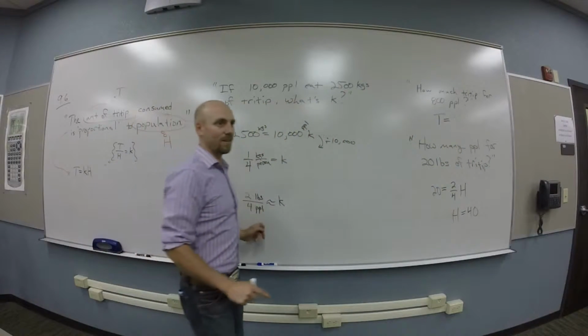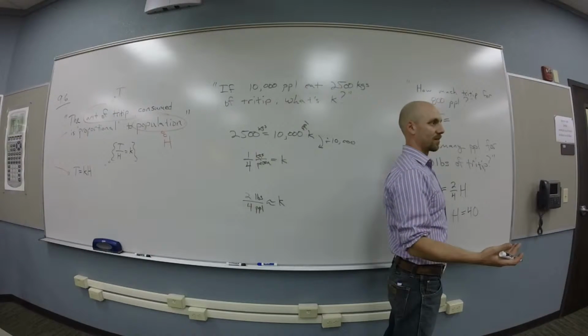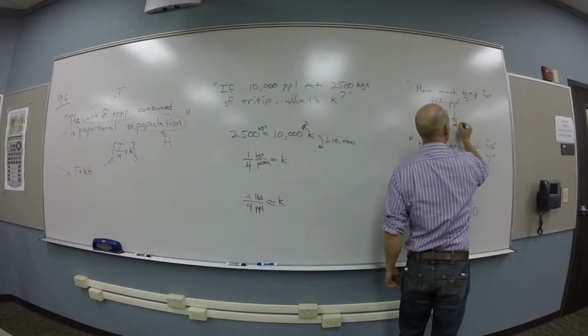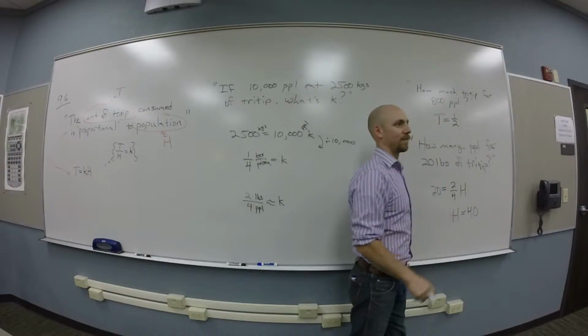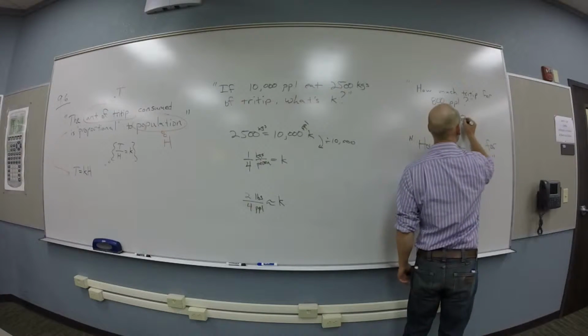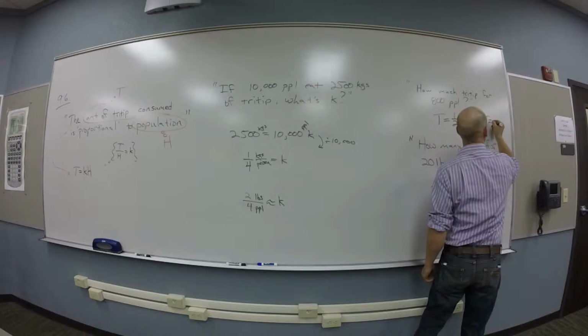It's 2 over 4. In kilograms or pounds, you have to pick. So 2 pounds. So this is 1/2 of 800. So you get T is 400.